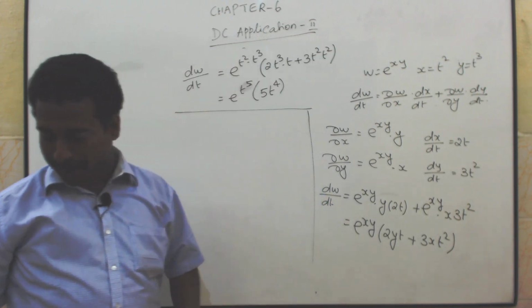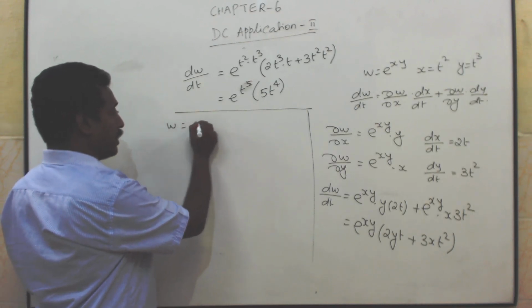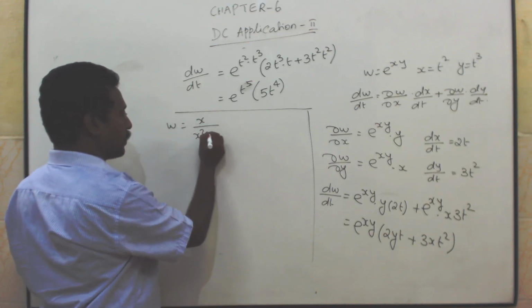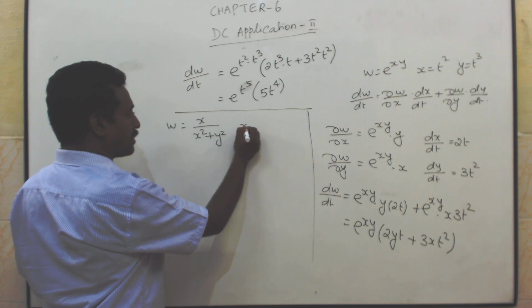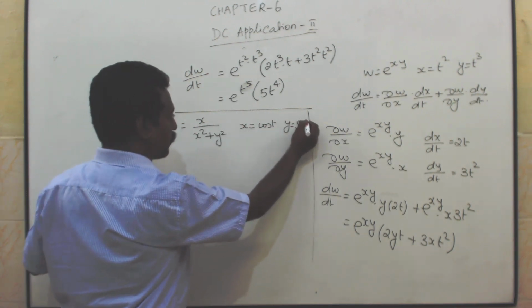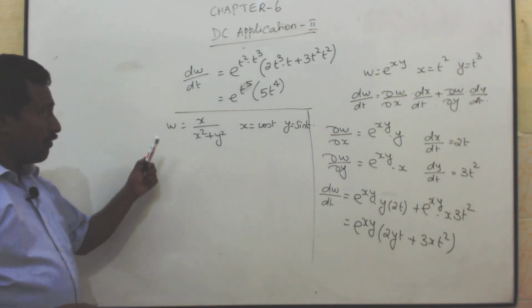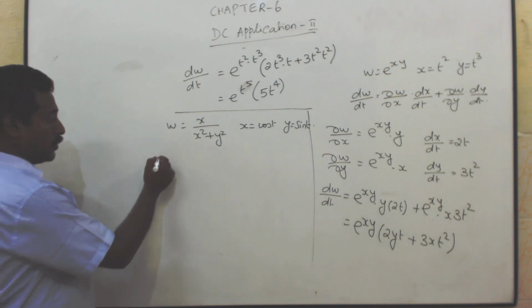The third one, somewhat difficult, I will do it. W equal to x by x square plus y square. X is equal to cos t, y is equal to sin t. First, we have to find out dou w by dou x.